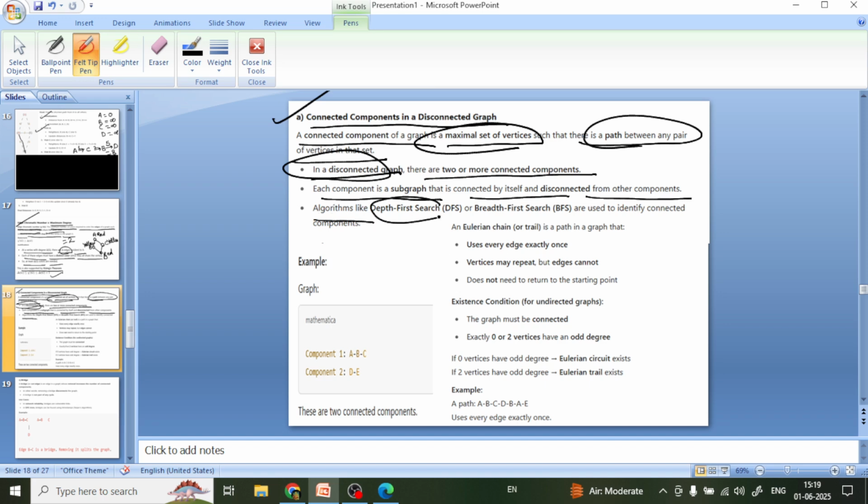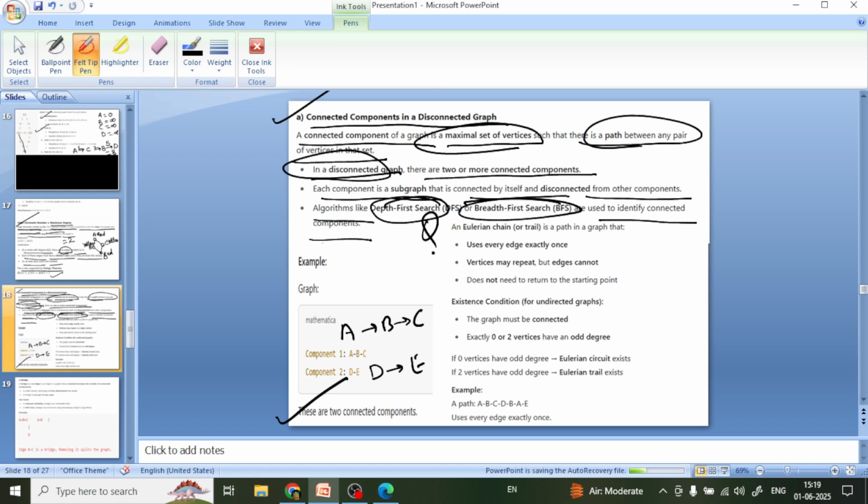Algorithms like depth first search and breadth first search are used to identify connected components. For example, you are given A to B, B to C, and in component 2, D to E. Now these are two connected components.